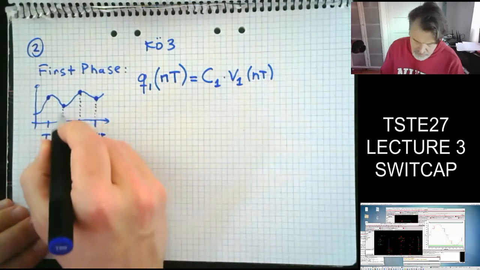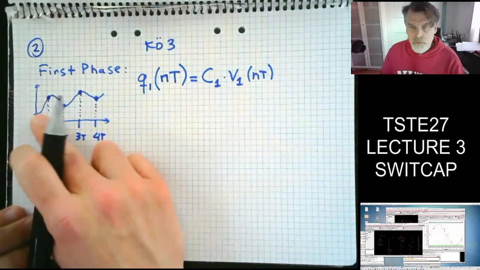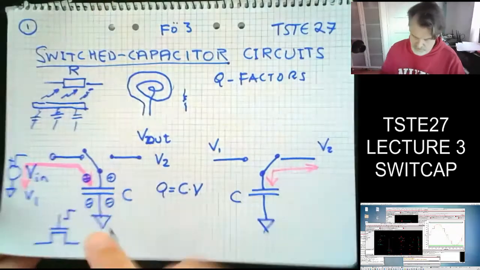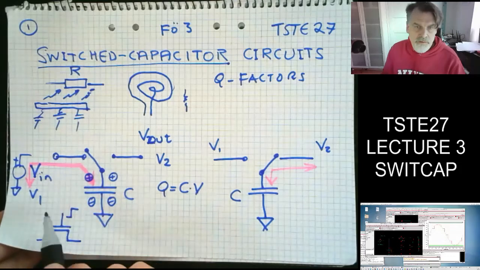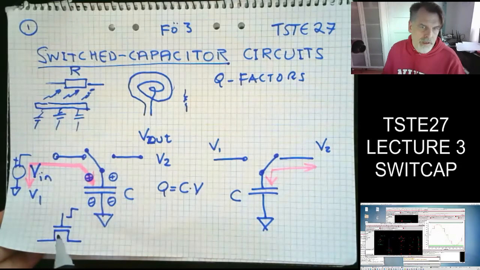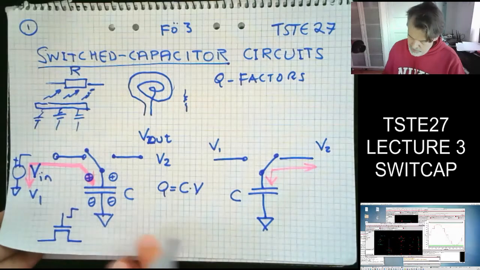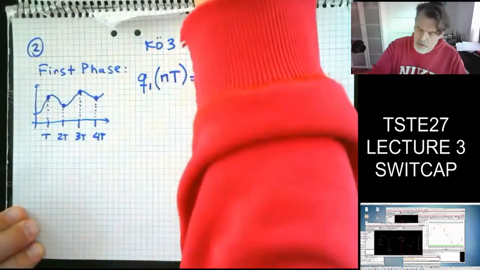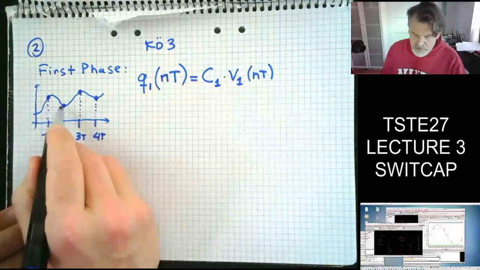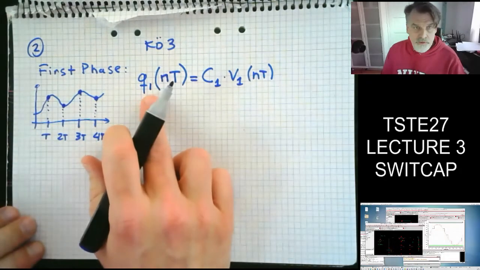Why at the end? Well, it doesn't really matter what's happening in between. We assume a very low resistance in the switch, and then this charge transportation is instantaneous. If we have resistance here, there will be a certain time delay, but that's not the case here. So it's going to sample the signal at the input and store the charge.